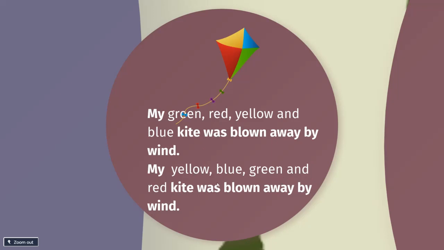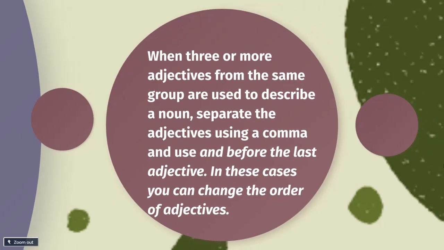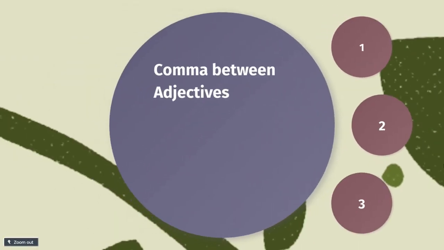So you see the sequence has changed, but the meaning has not changed. When they belong to the same group, we can change the sequence, but remember to put comma and. Right? So this is how we follow the rules.